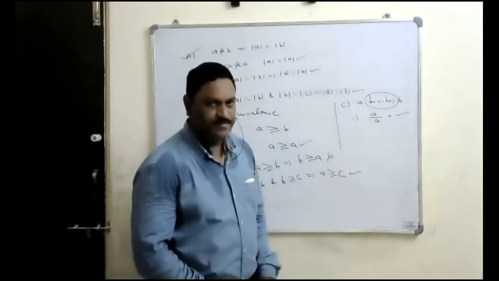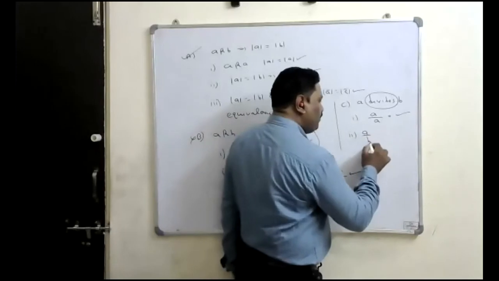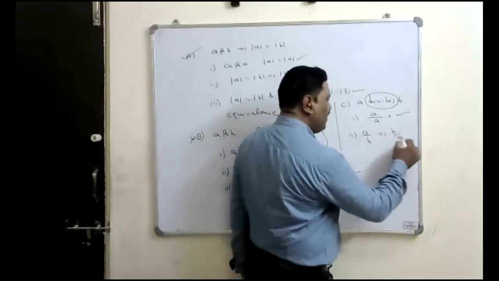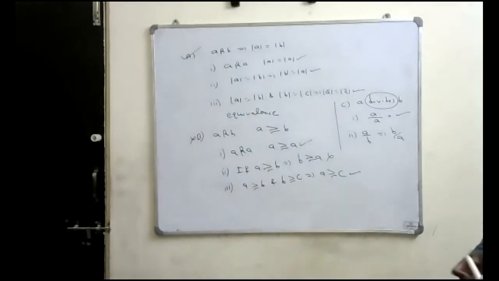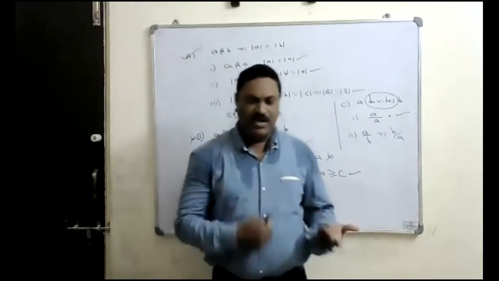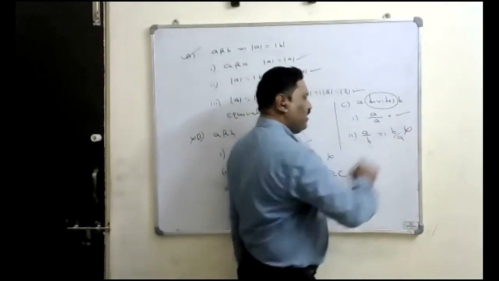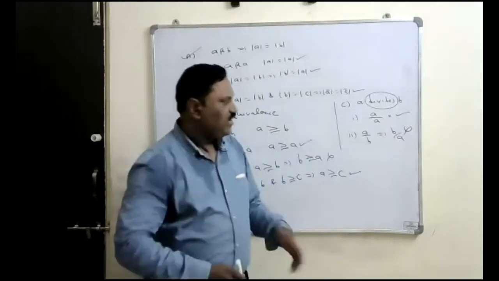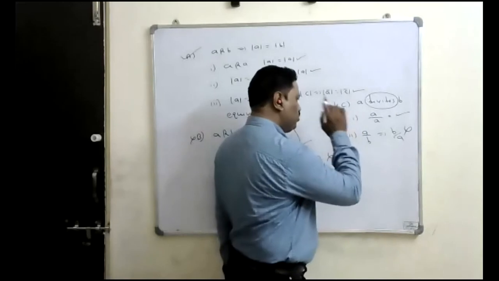That's why this is correct. Now second, if A divides B, then B also divides A. Is it correct? No, it is not always possible. When A divides B, B may not be divisible by A, right? That's why it is not symmetric. Then automatically it is not an equivalence relation either.